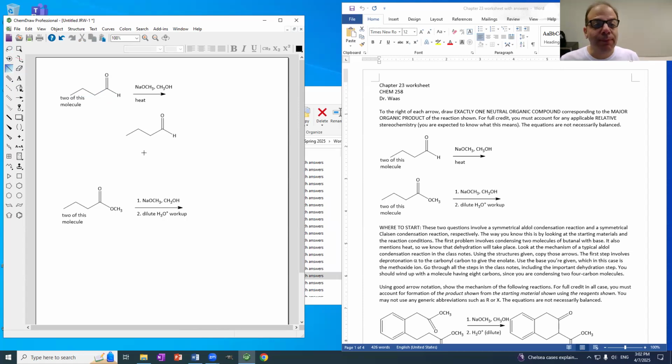The first step is to make a bond between the alpha carbon of the donor molecule, here's your alpha carbon, and attach that to the carbonyl carbon of an acceptor molecule. And the acceptor molecule is the same as the donor molecule. Again, in doing so, we are going to get a horrible, illegal structure.